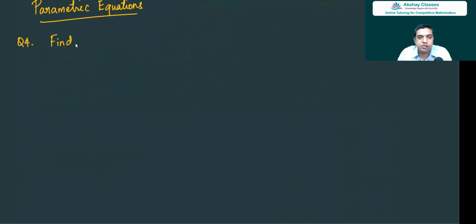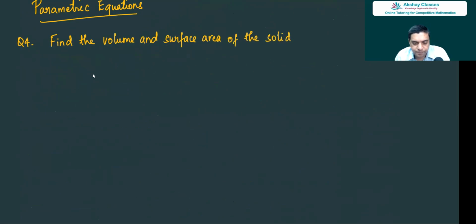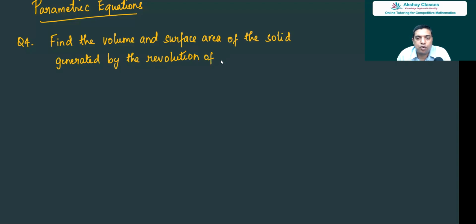Find the volume and surface area of the solid generated by the revolution of the curve x is equal to a cos cube theta, y is equal to a sine cube theta about the x-axis.